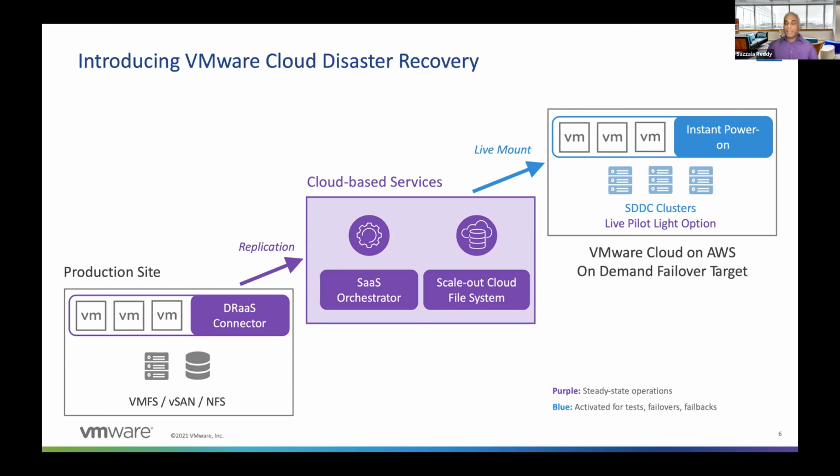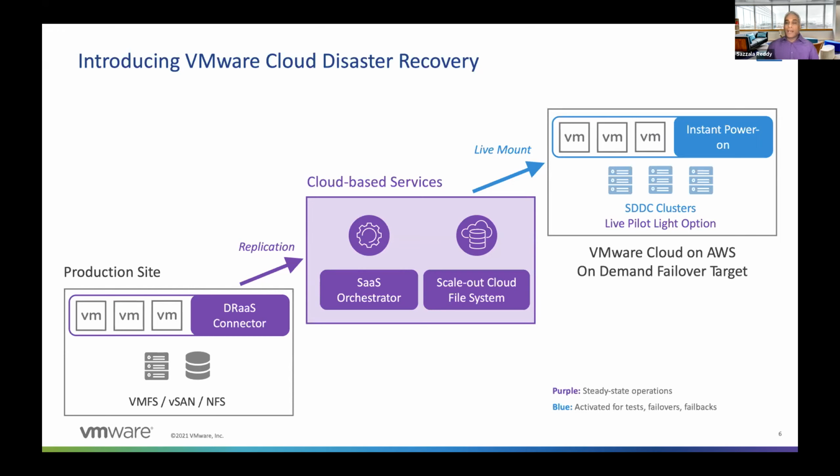So there are two choices here. One is that for the SDDC clusters on the right, you can have a pilot light, which means you can have a 3-host pilot light running all the time. Or if you don't want that option, you can have no pilot light and nothing running on the other side, and only when you have a disaster do you provision things. There are some advantages to having the pilot light. There is a small time taken to bring up the SDDC clusters.